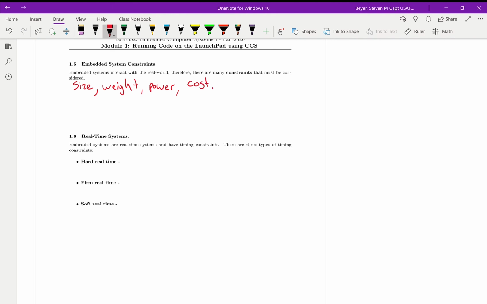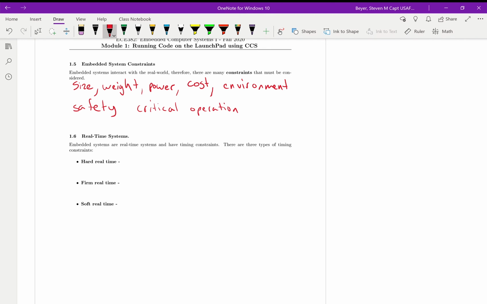Cost, of course. A lot of these IoT Internet of Things devices, they want to be cheap. Environment, are they going to be outside? Are they going to be inside? Is there going to be heat, vibration, water, corrosion? And then safety critical operation. That's a key thing to keep in mind when designing an embedded system.